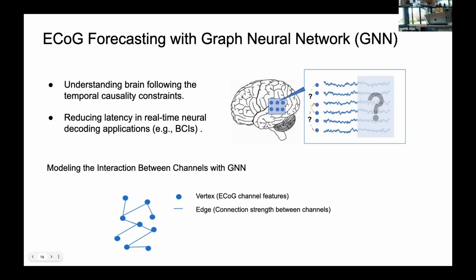Specifically, we treat each ECoG channel feature as a vertex of the graph, and the edge describes the connection strength between the channels. In our proposed method, this connection strength is learnable.